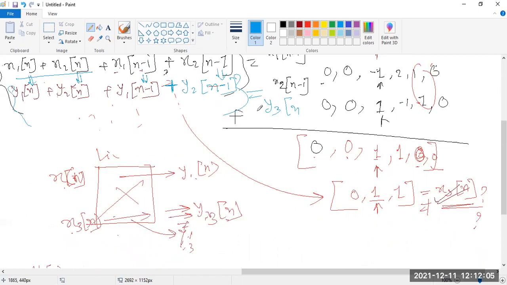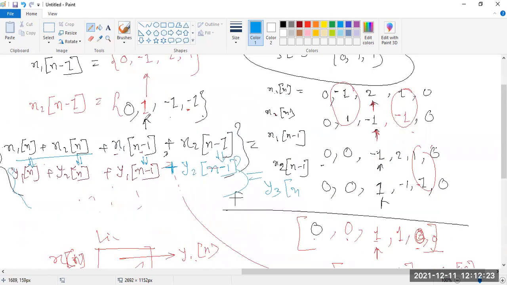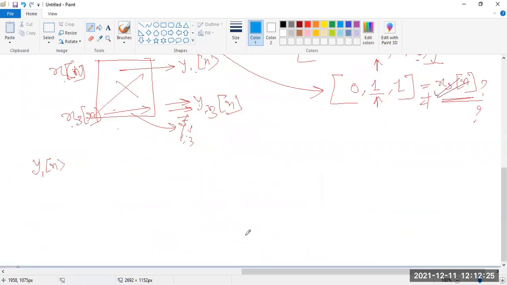But if it is not okay, it means x3 of n does not correspond with this y3 of n. Then it will be a time variant system. So just add this, then we should get this. So what will be the output value?